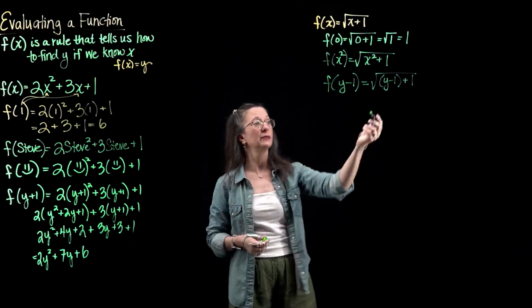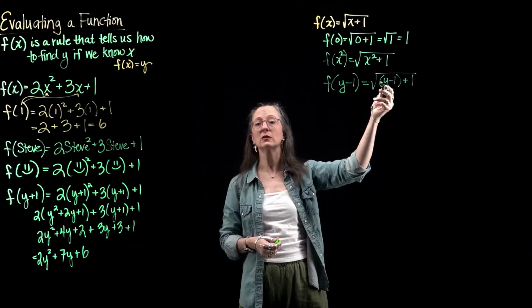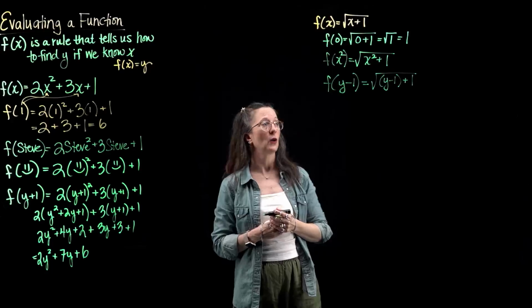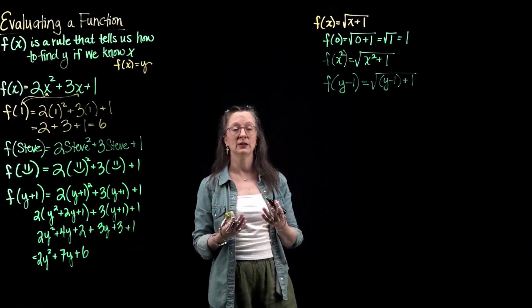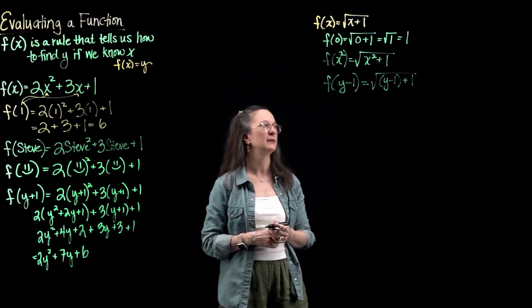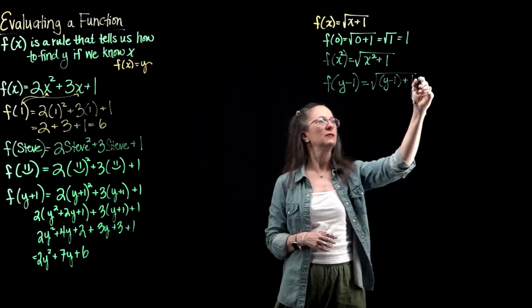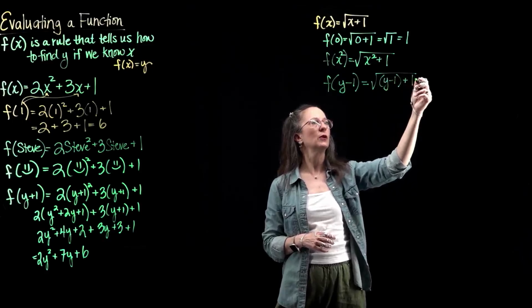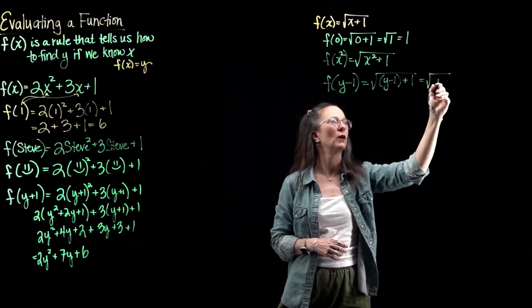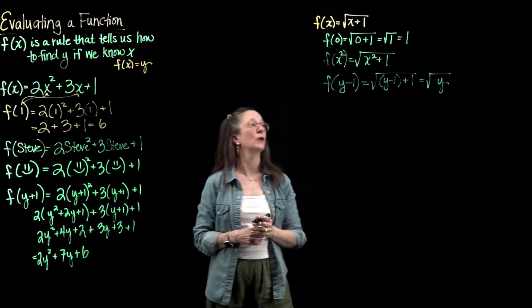I tend to put parentheses around it when I put it into the function. So I have parentheses around my y minus 1. They're not absolutely necessary, but it's probably a good habit. All right, well, I can evaluate this inside the square root. So this would be the square root of y minus 1 plus 1, which is just the square root of y.